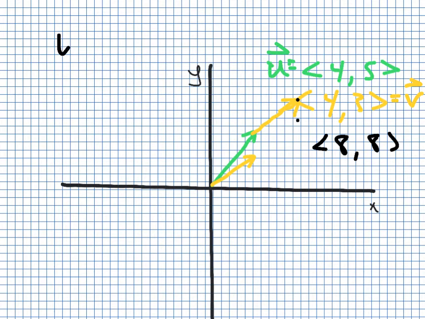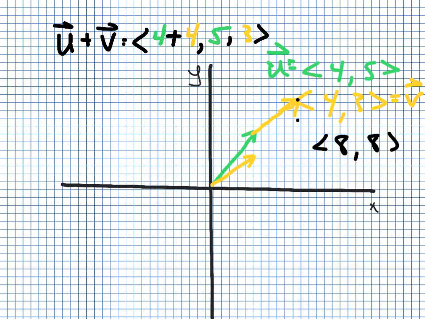So u plus v equals, and then I'm going to put this in vector brackets, and that's going to be the u is 4, and I'm adding the 4 from the yellow vector, and then comma, and 5 from the green vector, comma, and 3 from the yellow vector.